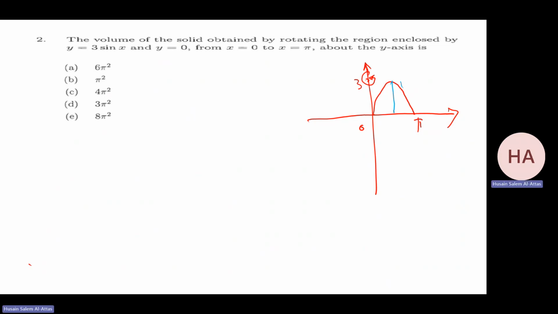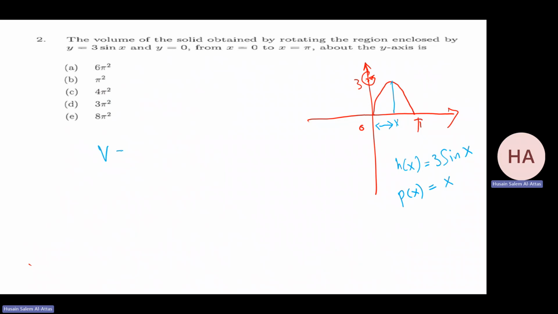So I'll make my line parallel to the axis of revolution. I have h of x, the height of this line, which is 3 sine x, the function, minus 0, which is 3 sine x. P of x, I'm using the notation of the book, it is x, the distance from this x to the axis of revolution. From 0 to pi.